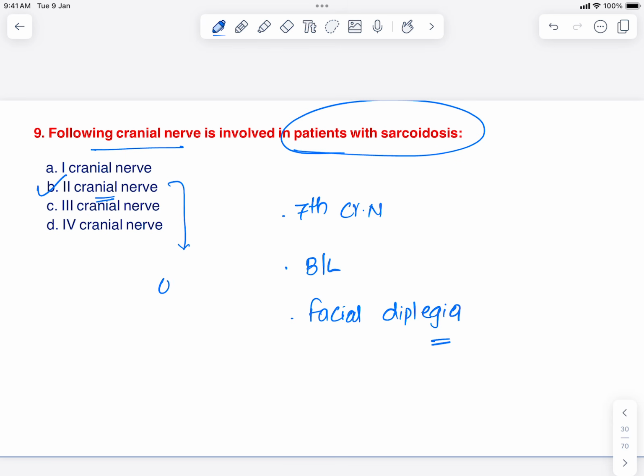What are the other central nervous system features? They will be in the form of lymphocytic meningitis, central diabetes insipidus, myelopathy, and seizures. The cranial nerve involvement is most commonly seventh, followed by second, and second cranial nerve involvement is in the form of optic neuritis, right? Next question.